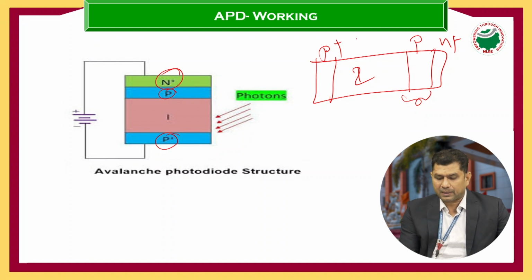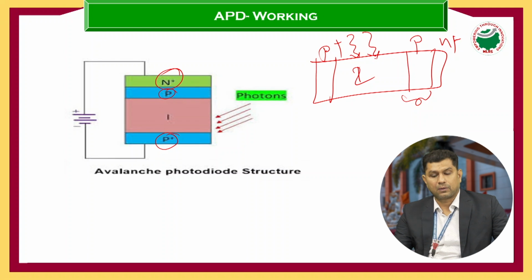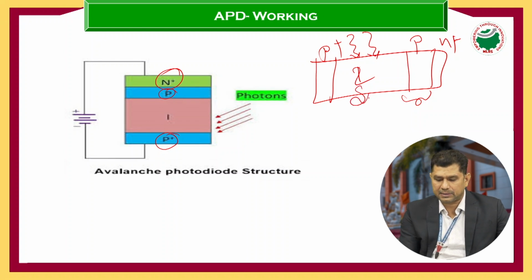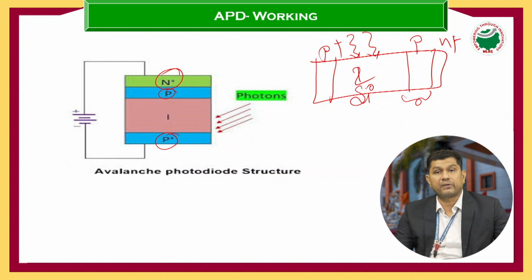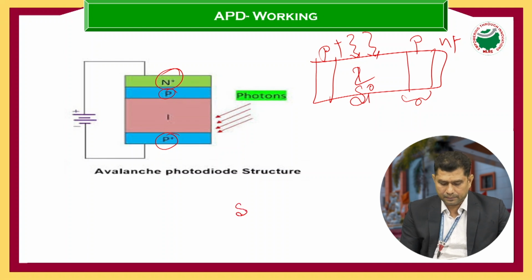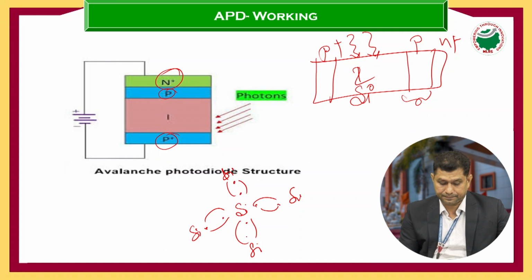So whenever light of sufficient energy is incident here, what happens? This is the intrinsic layer. Basically, the intrinsic layer is made of silicon. Silicon is covalently bonded with neighboring silicon. These are the covalent bonds.